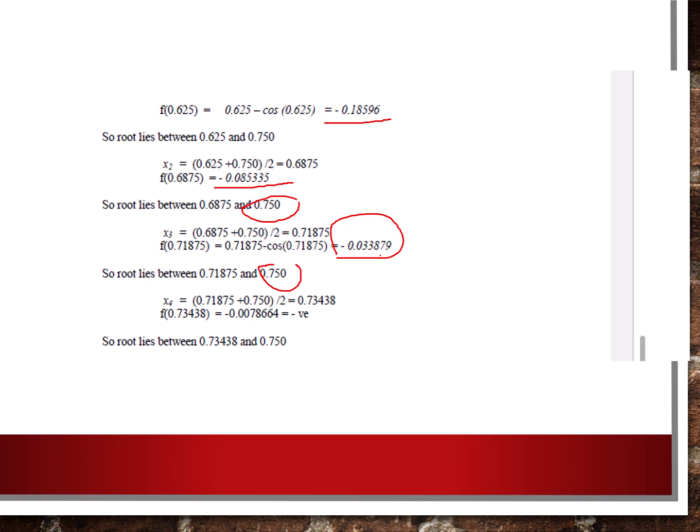So that the root lies between x3, the value of 0.71875, and x naught, the value of 0.750, divided by 2. The x4 value is 0.73438.